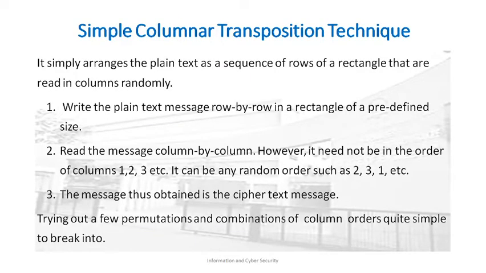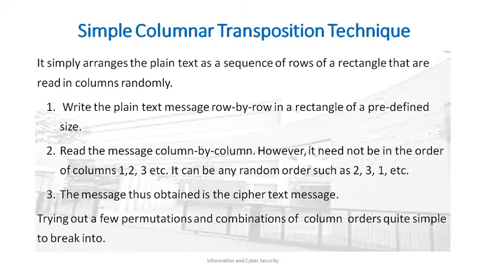The second transposition technique is simple columnar transposition technique. It simply arranges the plain text as a sequence of rows of a rectangle that are read in a column randomly. The first step in this is to write the plain text message row by row in a rectangle of a predefined size.